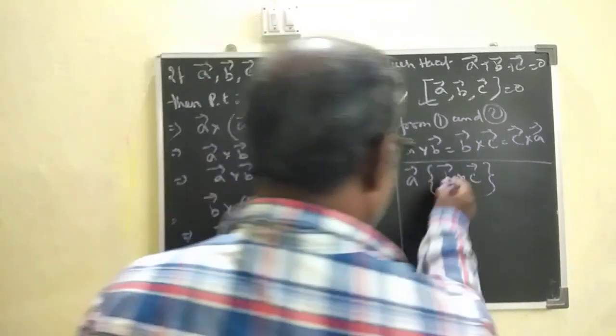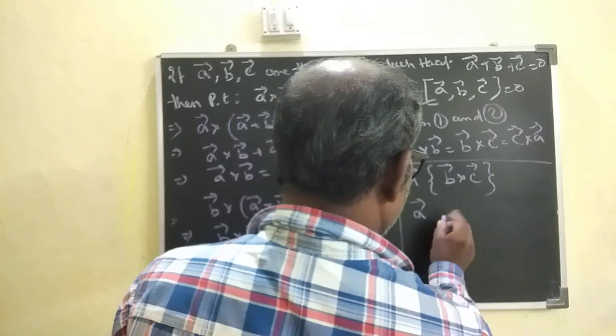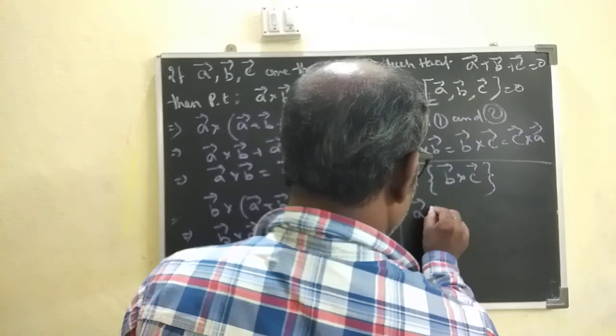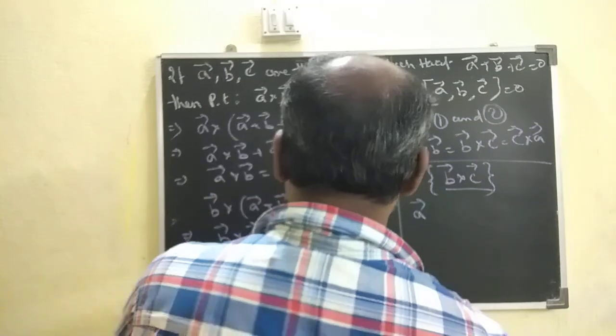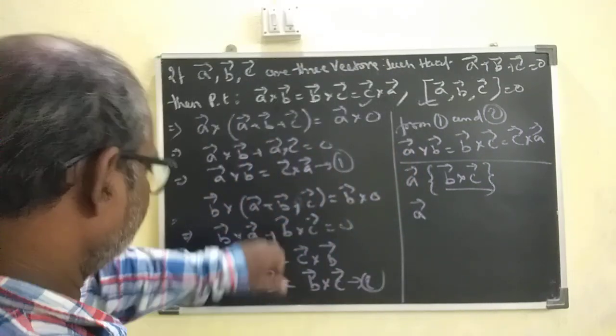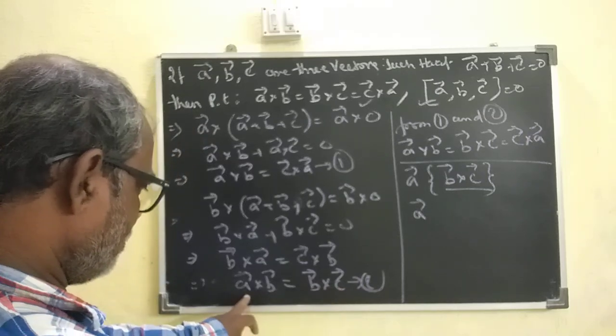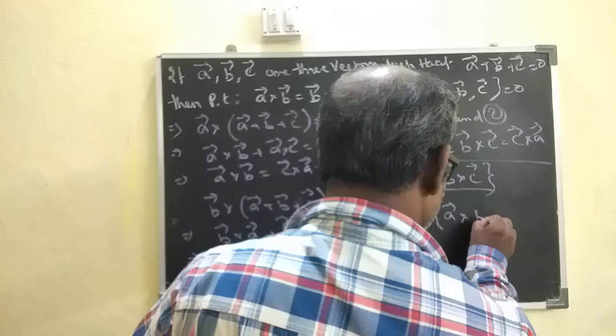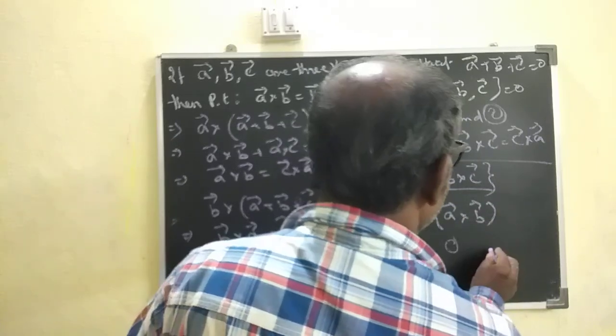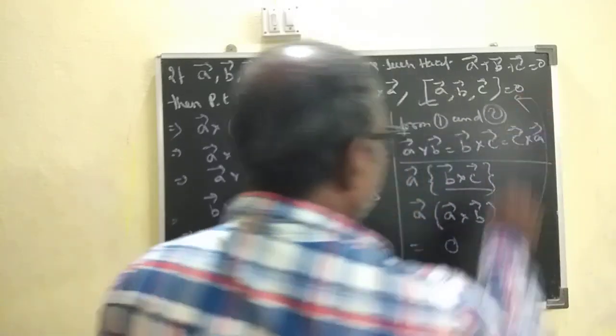So here we get, we know that B cross C is equal to A cross B. So A cross B vector which is equal to 0, hence proved.